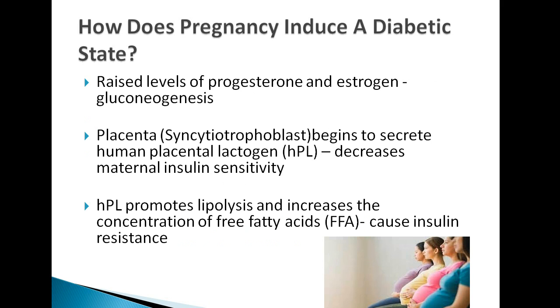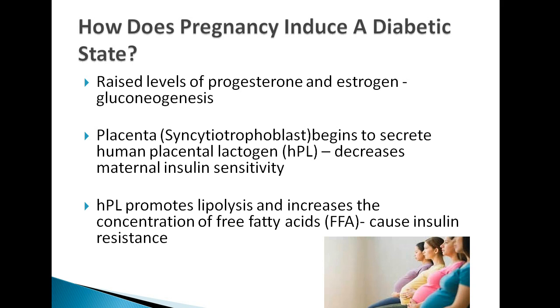How can the pregnancy induce a diabetic state? So there are three theories behind this, whether they occur all together or whether it's standalone. I'm not sure.